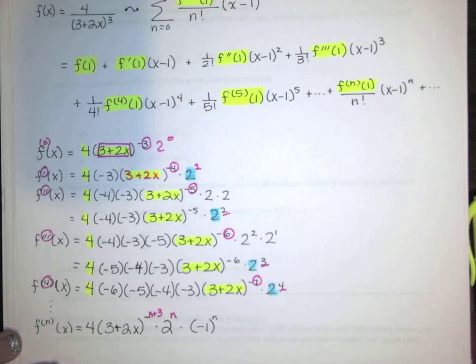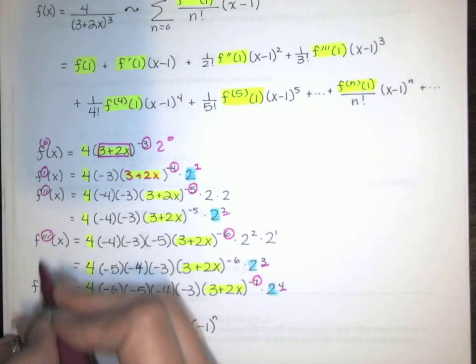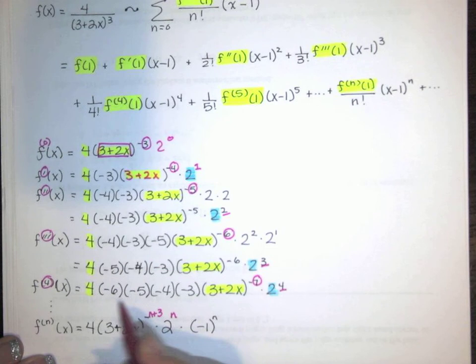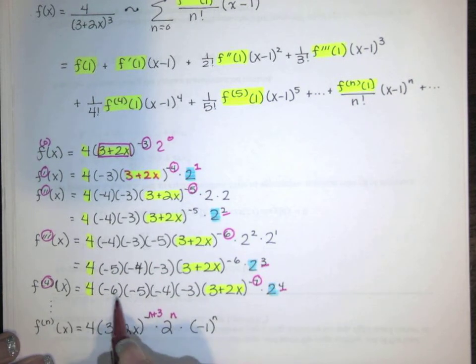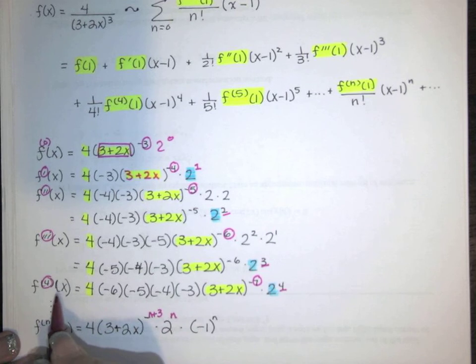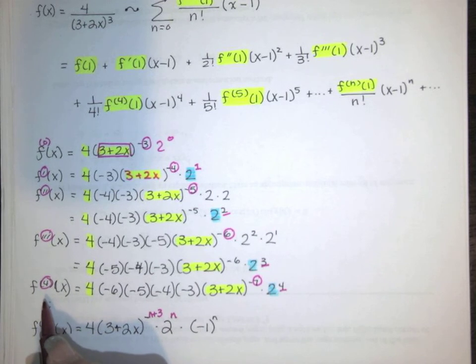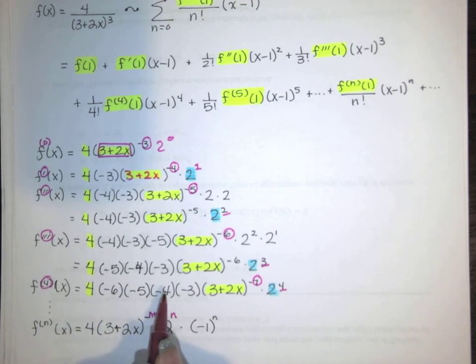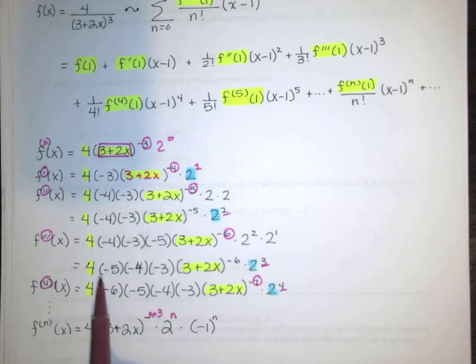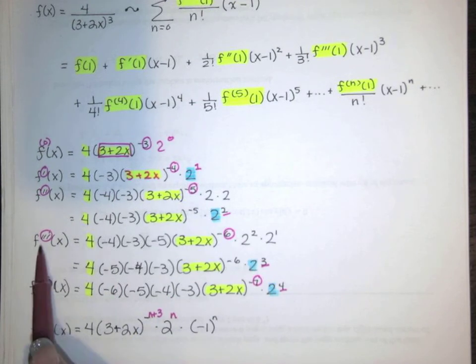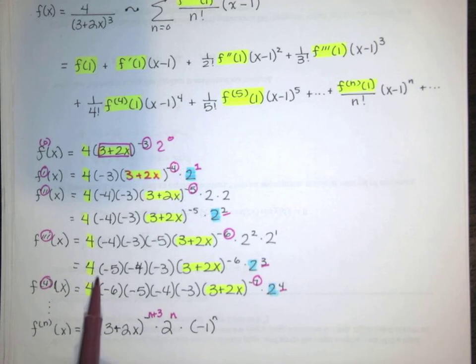And now let's look at the relationship between the nth derivative, the order of the derivative, and this factorial type expression over here. I've got 6 times 5 times 4 times 3 when that's a 4. It's almost a 6 factorial. There's a 2 missing, but it's almost 6 factorial. And then I've got a 5 times 4 times 3 when there's a 3 there.